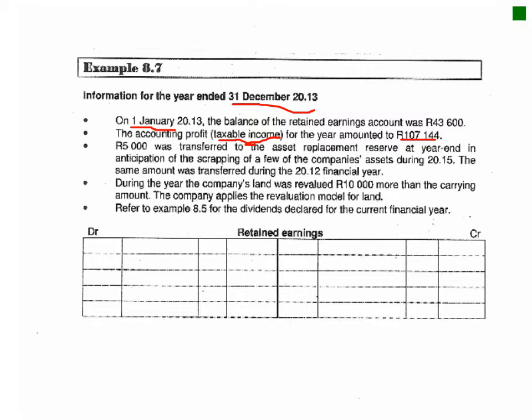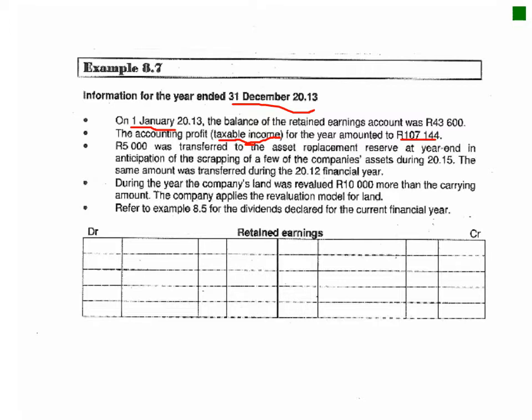The tax rate is always 28% unless you're told otherwise. 5,000 is going to be transferred to the asset replacement reserve at year end in anticipation of scrapping of a few of the company's assets. In other words, we're going to need to replace the assets in future in 2015. The same amount, 5,000, was transferred during 2012, but we're working here with 2013, and 5,000 is transferred from retained earnings to asset replacement reserve in 2013.